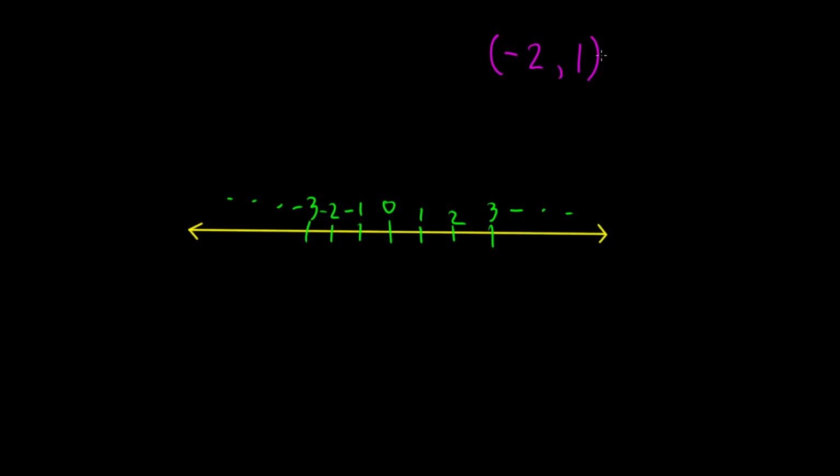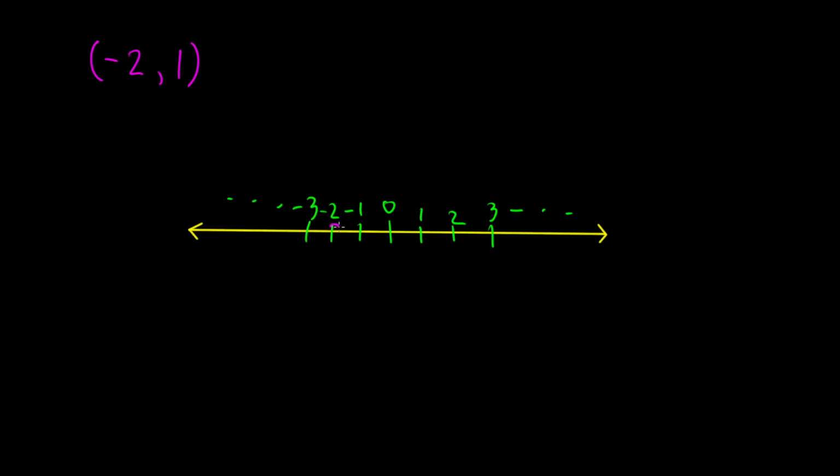Notice my parentheses. This means, remember, this is another way to write a set. So this is a set, and it's the set of real numbers starting at -2 and ending at 1. And because they're parentheses, that means that these endpoints are not included in our line.